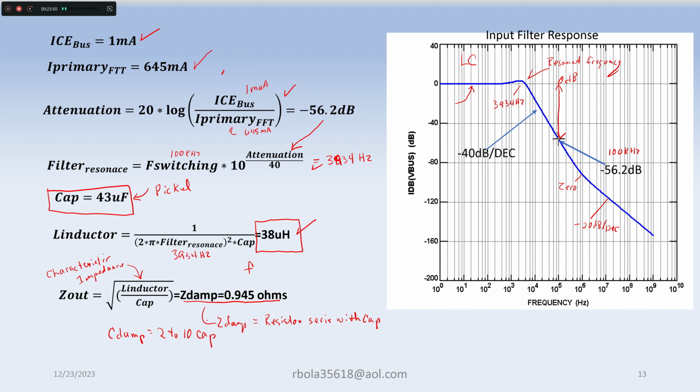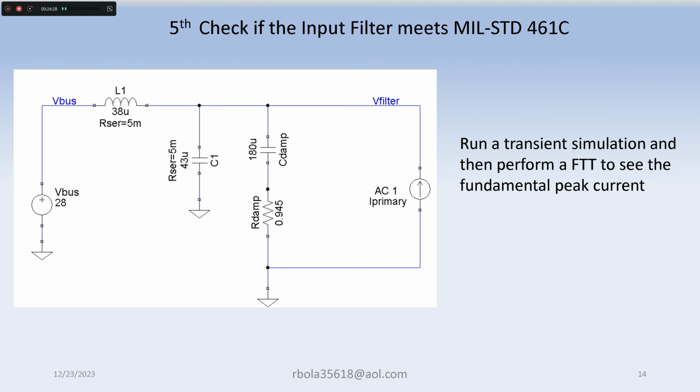And in this case, let's say I'm going to use 10 times 43 microfarad, then I will use a 430 microfarad in series with a R damp, and this should damp your input filter very well.